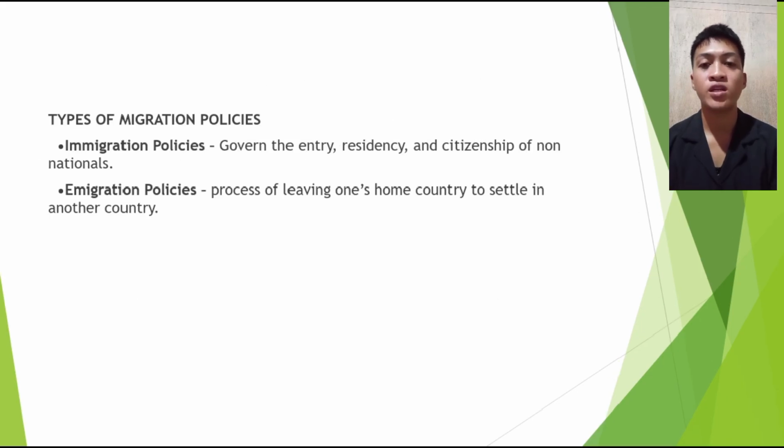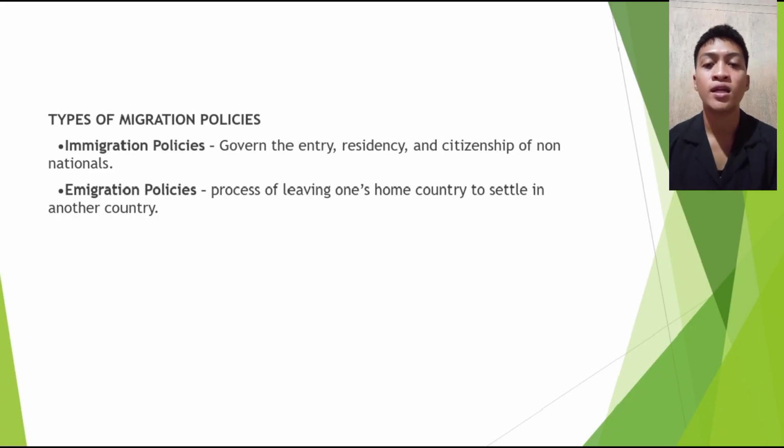Types of migration policies. The first one is immigration policies. These are rules that control how people from other countries can come in, live, and become citizens of a new country. For example, a country's law that says you need a special paper called a visa to work there.